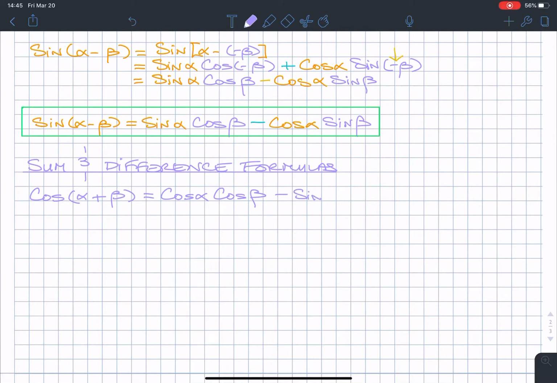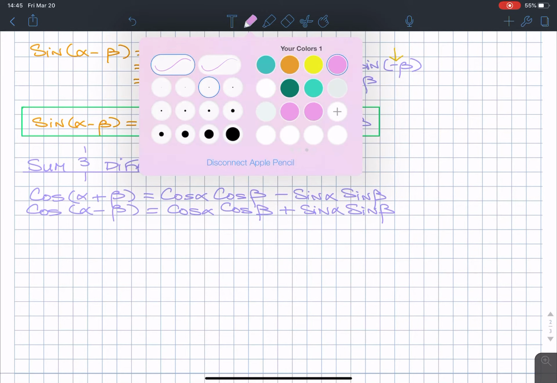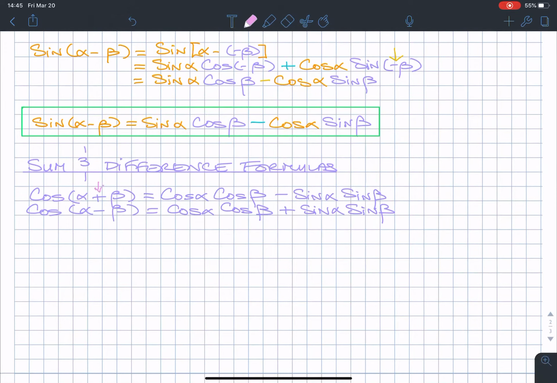Whereas cosine of alpha minus beta is going to be cosine alpha cosine beta plus sine alpha sine beta. So I want you to notice something before I do the sine, is that cosine, the signs are always the opposite.